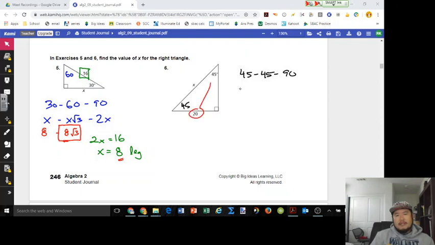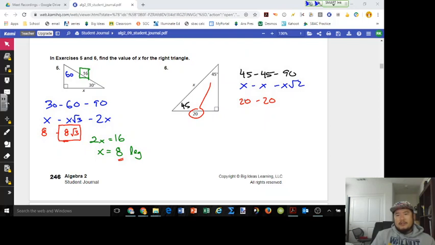So if it's isosceles, remember we have two sides that are congruent. Even before we get to that part, remember it's x, x, and an x rad 2 for a 45, 45, 90. That's how long the side lengths will be.